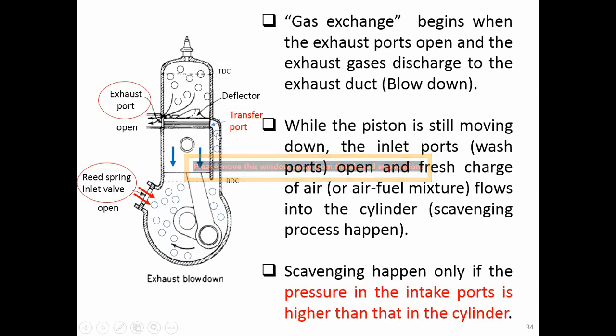Otherwise, this air or air-fuel mixture cannot flow into the cylinder. The exhaust can easily flow out because outside here is the atmospheric pressure, which is lower than the pressure inside the cylinder. So the pressure of the working fluid that flows in here has to be higher than the pressure inside this cylinder in order for the scavenging process to happen.